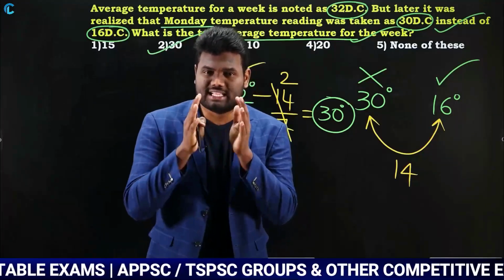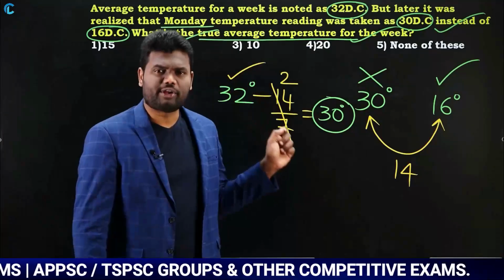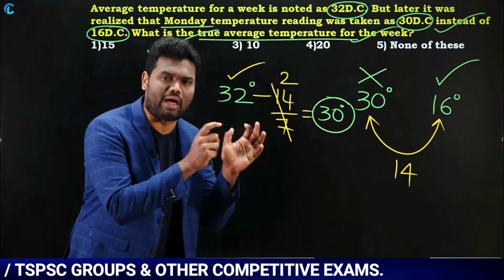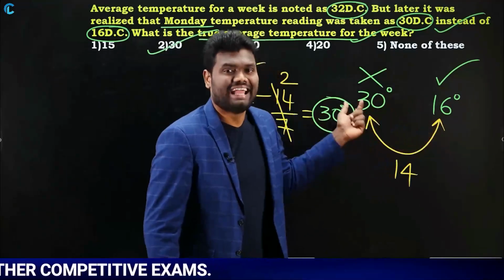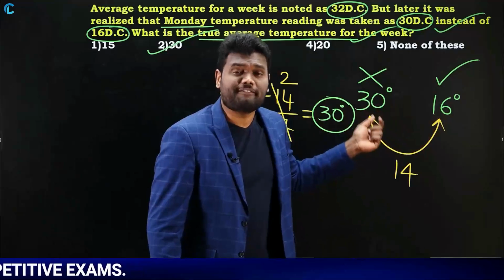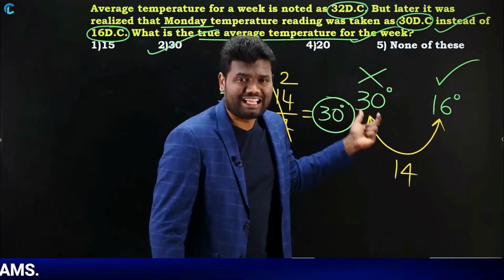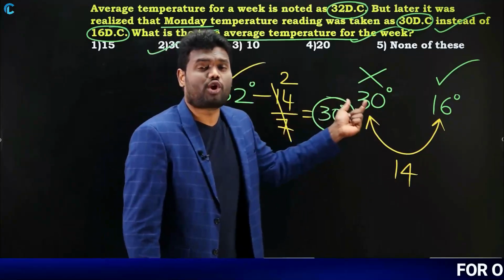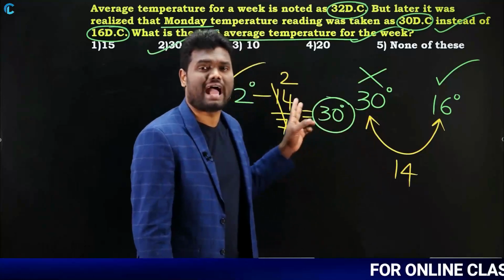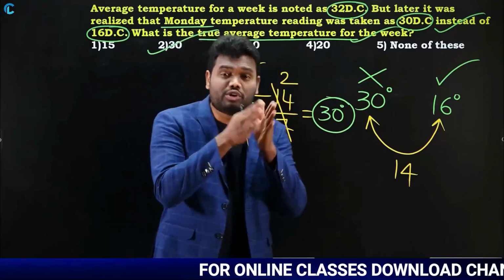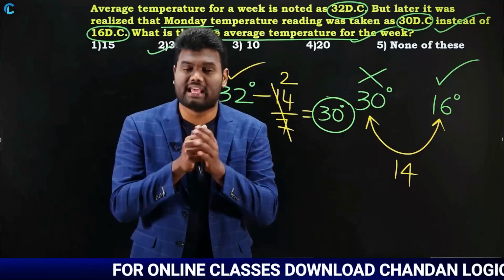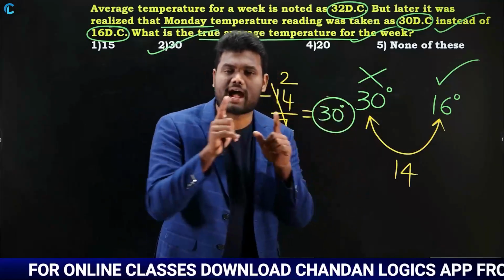Very simple questions. Whenever you have questions based upon an error value, take the difference. That's it. If the wrong value is more, then you need to subtract. If the wrong value is less, then you need to add. But don't forget, while subtracting or adding, you need to distribute the difference.